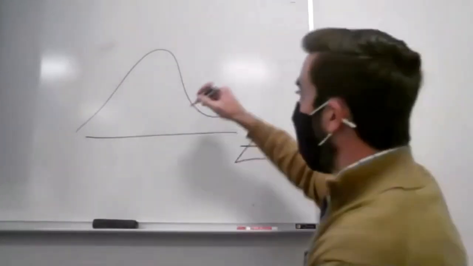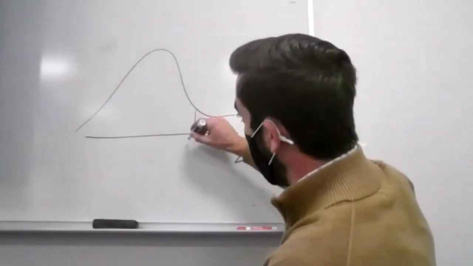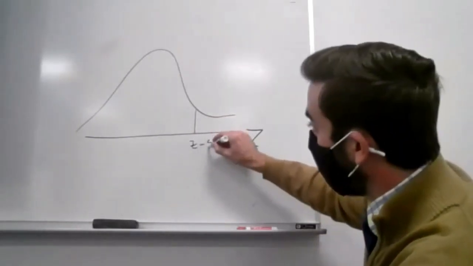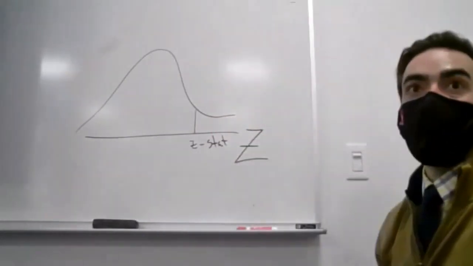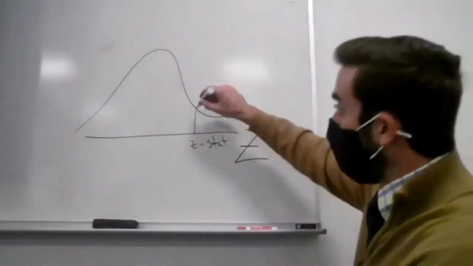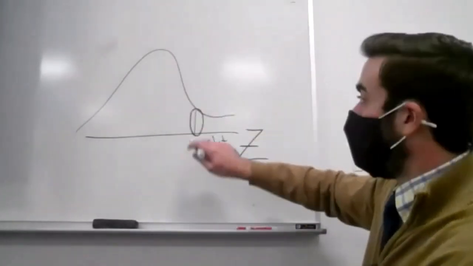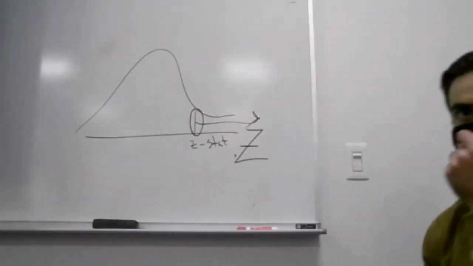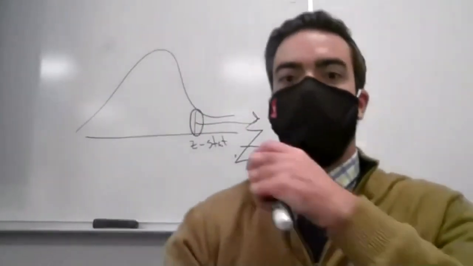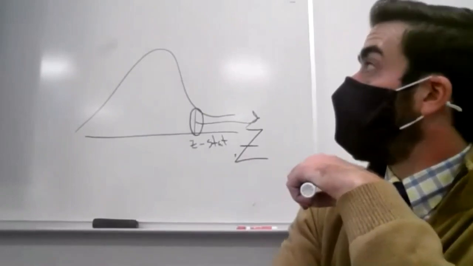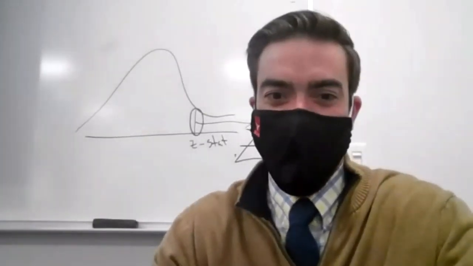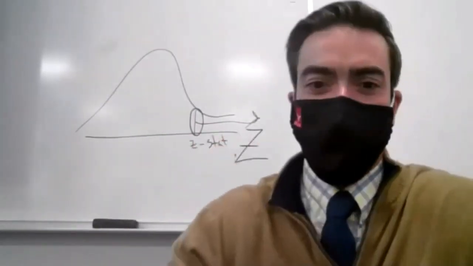Lowercase z is the test statistic, or you can think of lowercase z as your z statistic. So what's the probability I saw the z statistic I did for my z value or anything greater? And it's hard to distinguish between a capital and lowercase z when you're not drawing things to scale really well here.